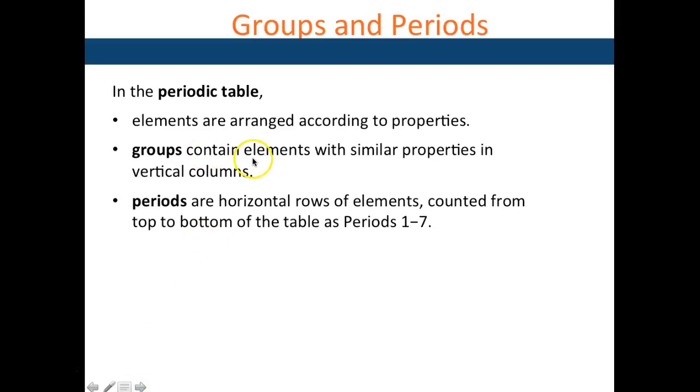So groups contain elements that have very similar chemical properties. Sometimes physical also, they have certain characteristics that are kind of similar. And then you have the 7 periods. And as I explained, the first period has 2 elements. The next 2 periods have 8 elements, and then you have 18, and then finally 32 when you add in the lanthanides and the actinides.